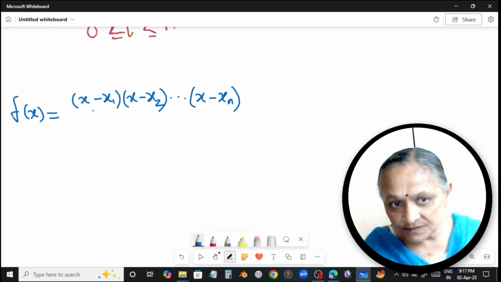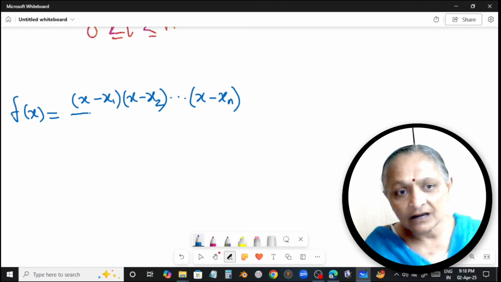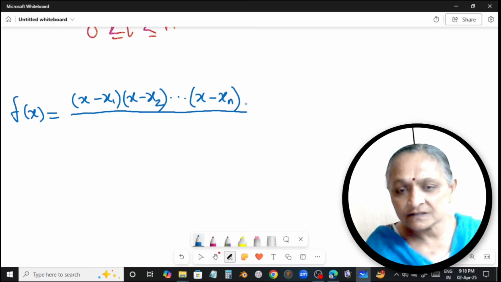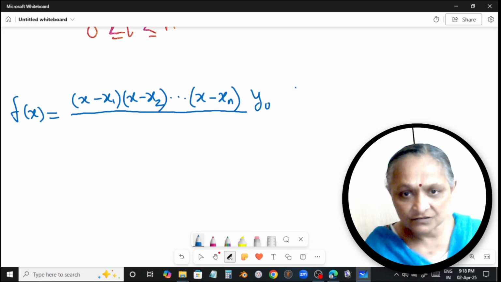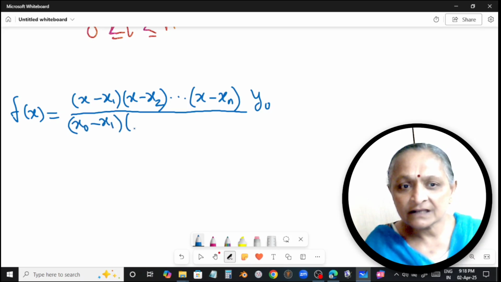All of you can observe we are missing x naught, and the denominator will contain, because the value of a naught we have got as y naught upon the terms. So y naught is here, and upon x naught minus x1, x naught minus x2, and so on up to x naught minus xn, plus.